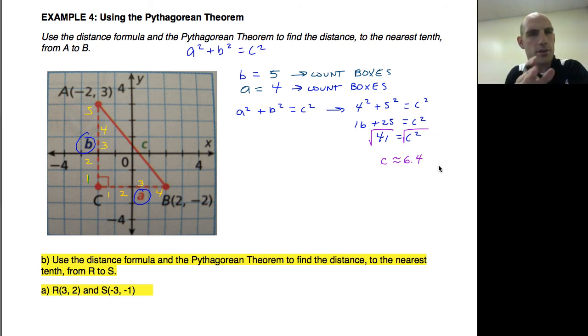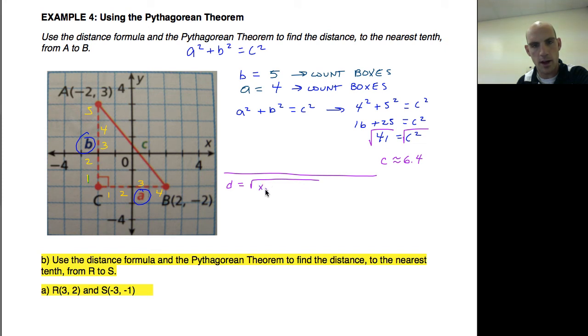Let's see what we get when we do the distance formula. The distance formula equals, remember, square root x2 minus x1 squared plus y2 minus y1 squared. I'll label, and this is going to be x1, y1, and this will be x2, y2.